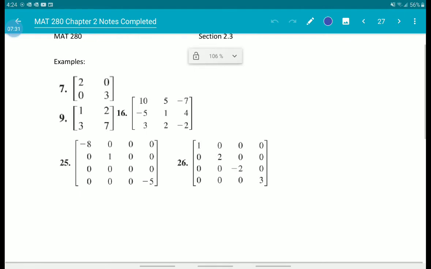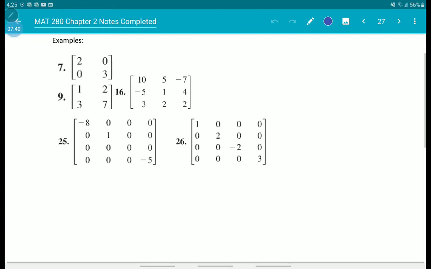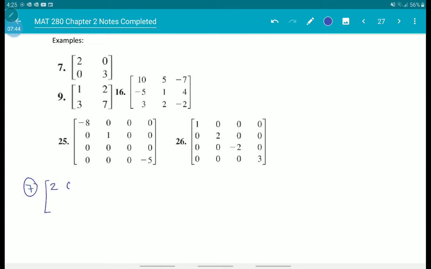So let's look at an example. Let's look at number 7. Number 7, we have this matrix 2, 0, 0, 3. So if we want to find the inverse, we're going to augment that with the identity for a 2 by 2.